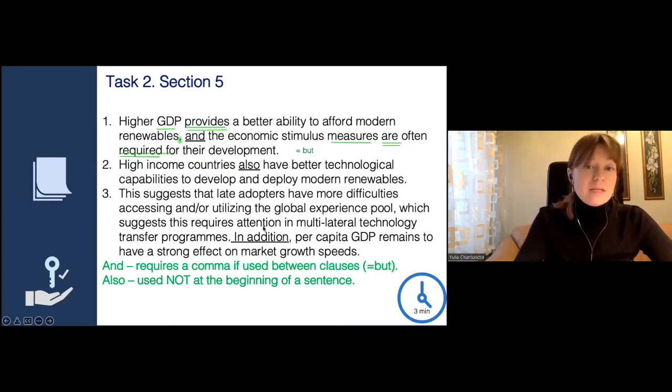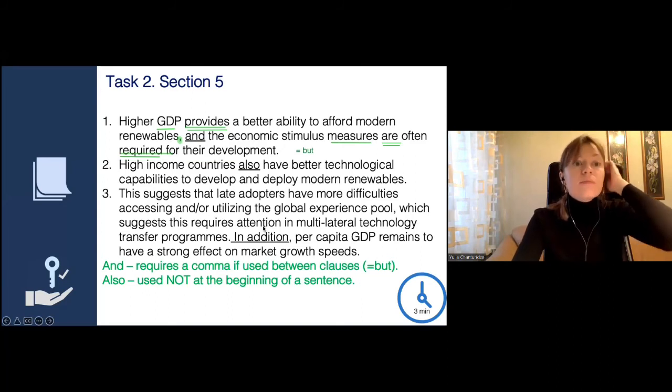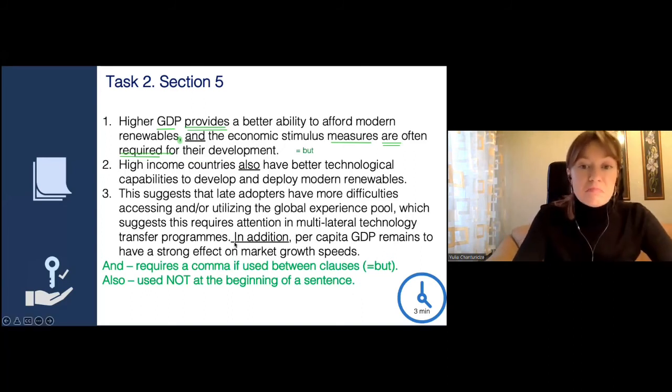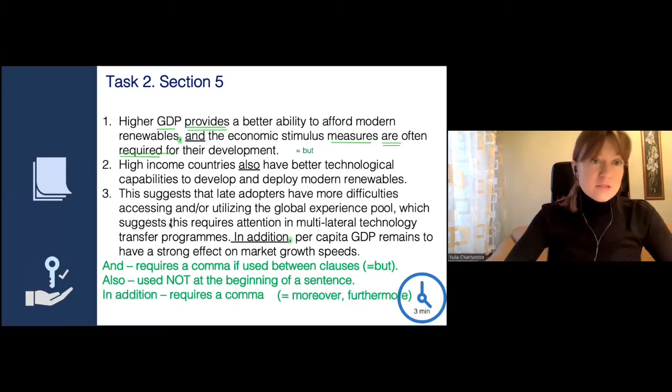And the last one, in addition, yes, you were right in your comment that it just adds information. It depends on the writer whether the writer thinks it's necessary or not. So just some new information added. And what is also crucial is that we need a comma after it. So some linking devices require a comma.